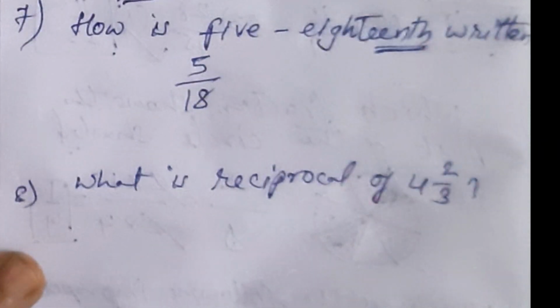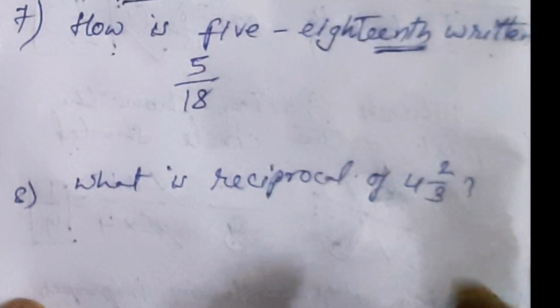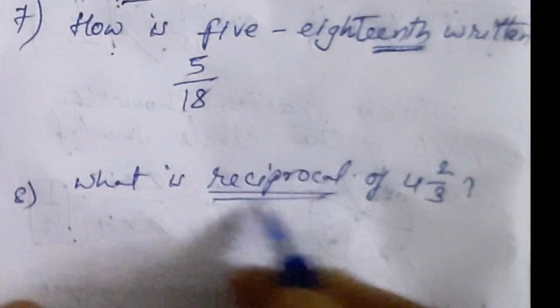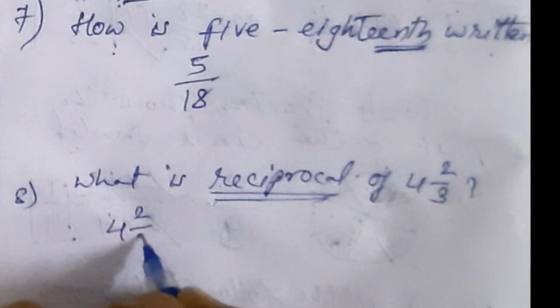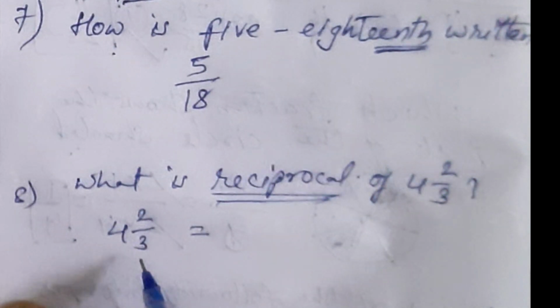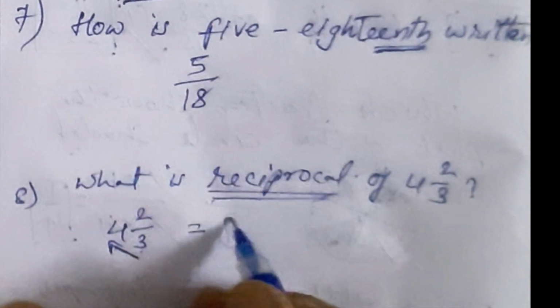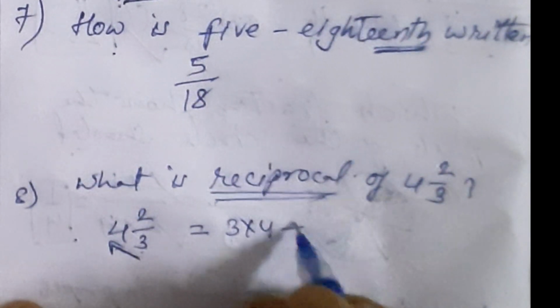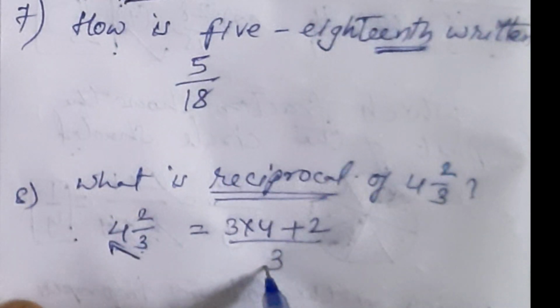Now the next question, what is the reciprocal of 4 integer 2 by 3? Reciprocal means we need to reverse the number. Here the number is given in integer form, 4 integer 2 by 3. We'll make it into an improper fraction. For that we multiply 3 by 4, then add the numerator, and the denominator is repeated as it is.